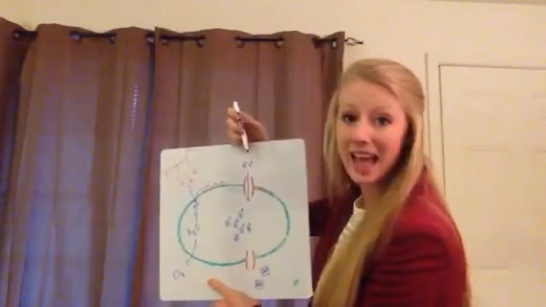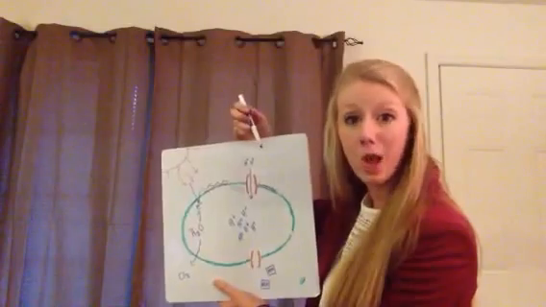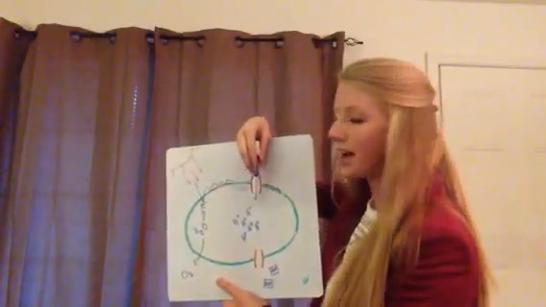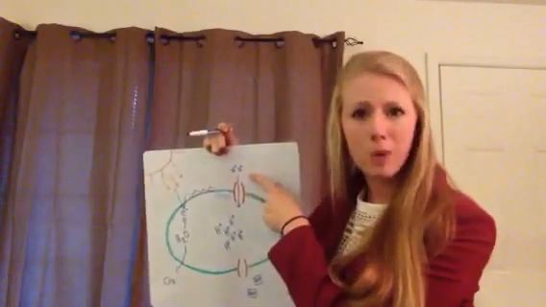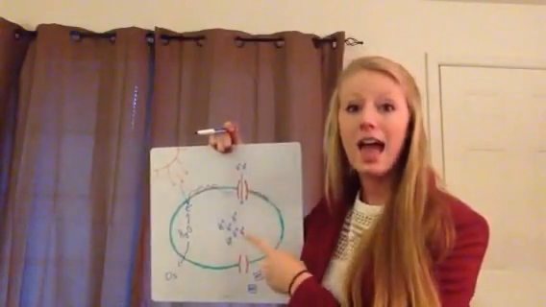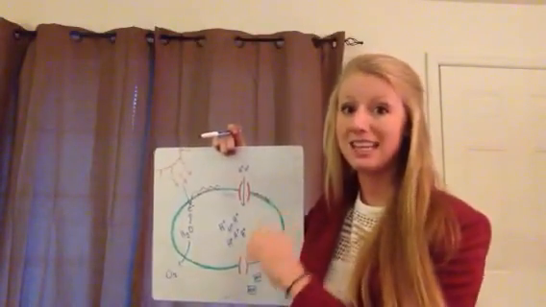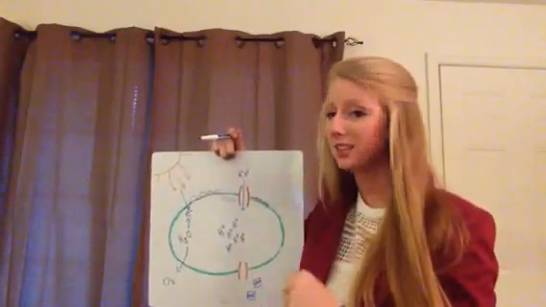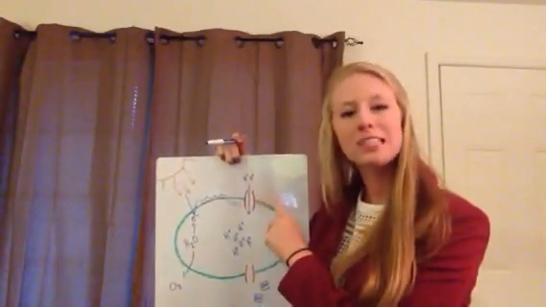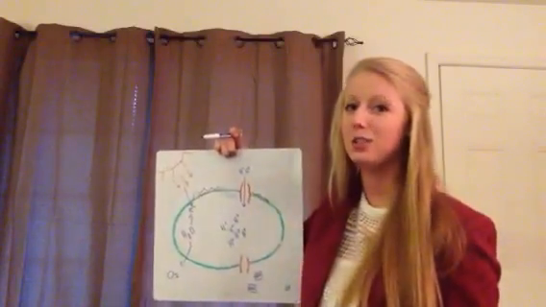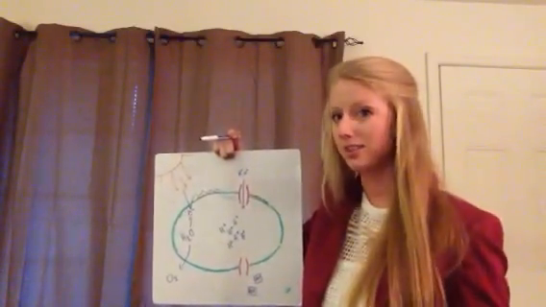And we say that it is active because it's going from a low gradient to a high gradient of protons. So we've got a low gradient, just a small number of protons out here, and a higher gradient of protons in the cell. Low to high, that's going to take energy. That's why this protein needed energy to transport protons.